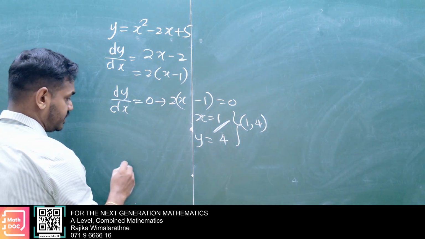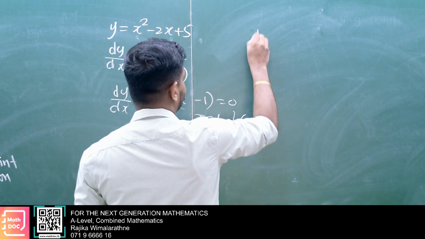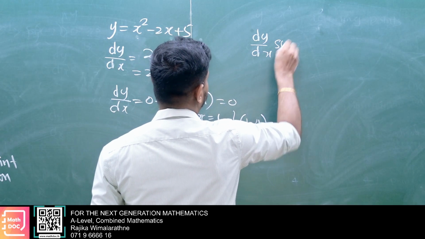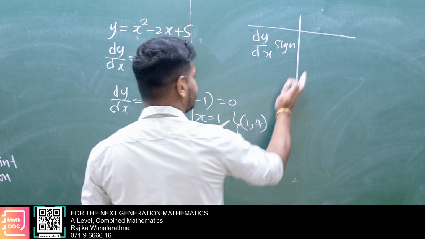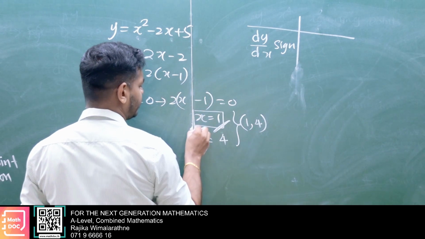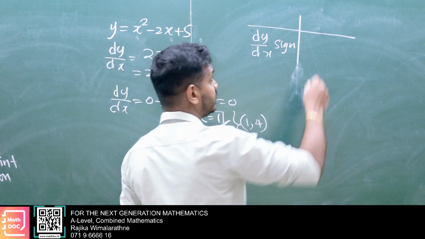Now for the further part, we have to check the dy over dx sign. You have to check this one. Identify this properly. Now here we have one critical value. That critical value, mark on a number line.